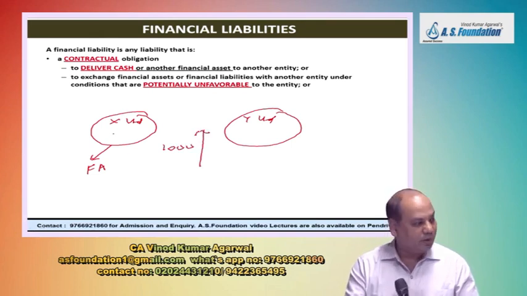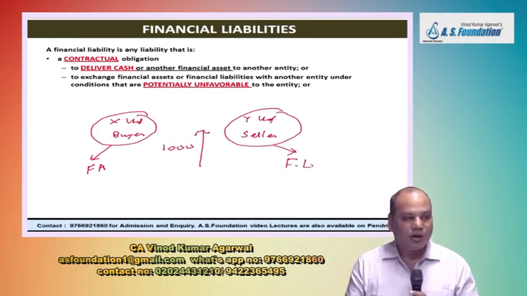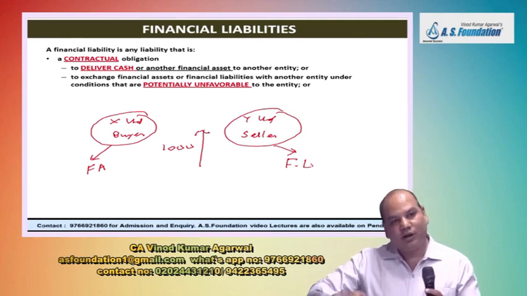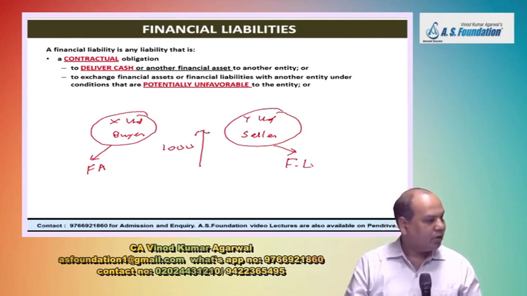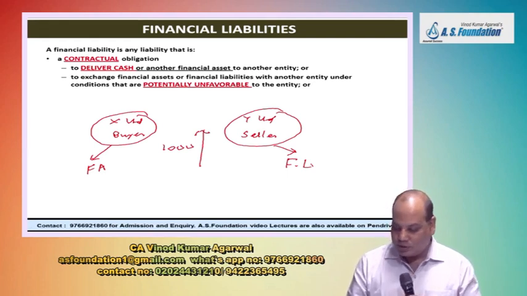For X Limited, the buyer, it is a financial asset, and for Y Limited, the seller, it becomes a financial liability. These are simple examples. Any such contract which becomes favorable to one party and unfavorable to another party would become a financial asset and a financial liability.